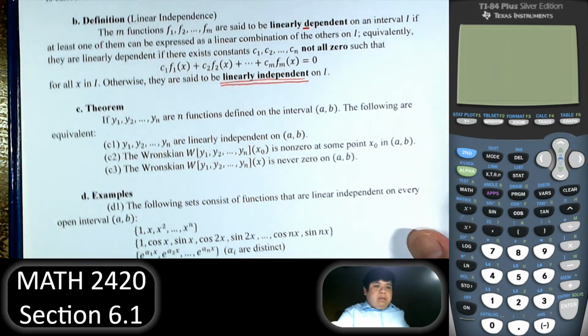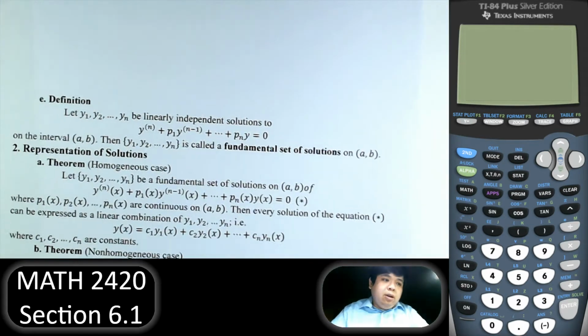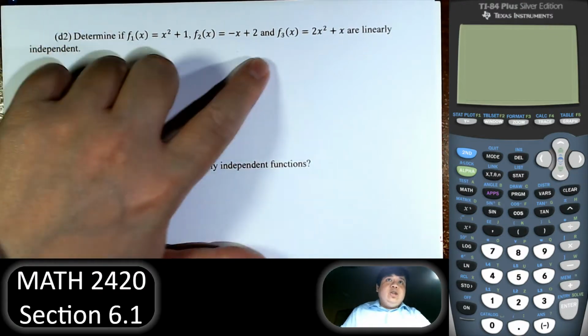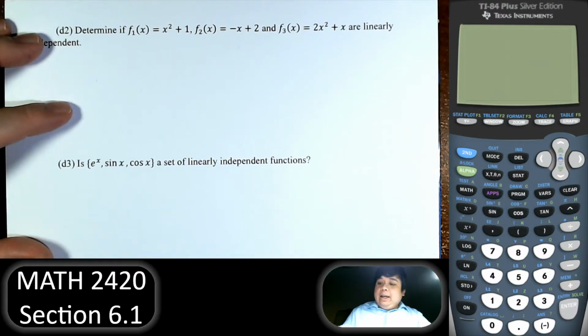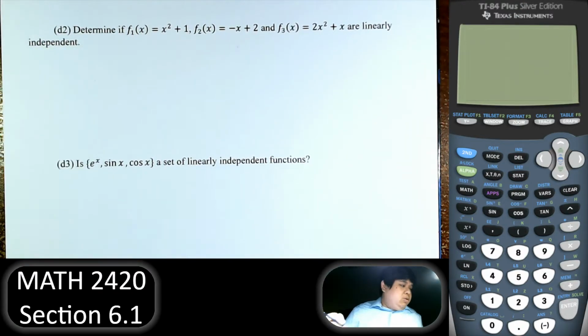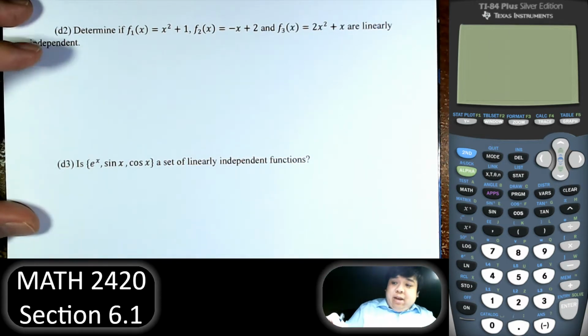Now let's look at an example. Determine if the set of these three functions is linearly independent. What we need to do is just find the Wronskian and see how to go from there.